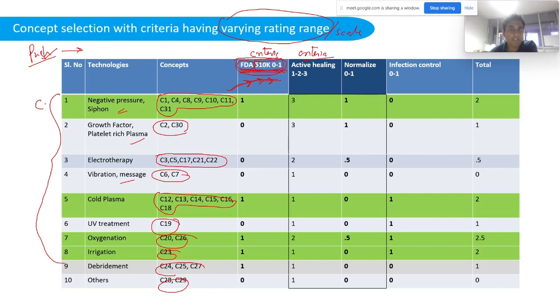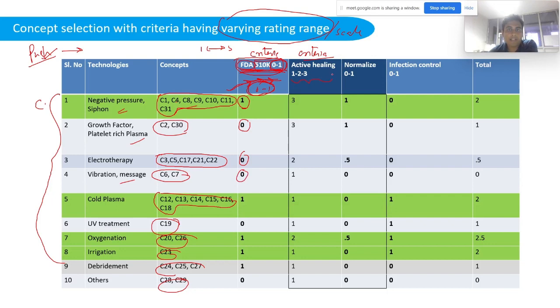So the scale for this particular criterion is 0 or 1. That means, does this particular technology have a predicate device? Yes or no. That means we cannot use a scale like 1 to 5. Either it is 1 or 0.